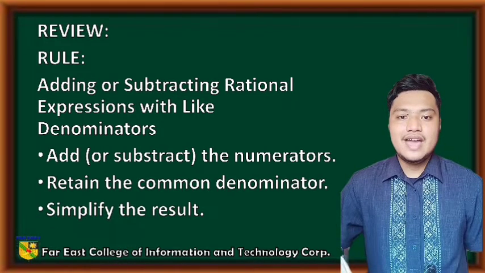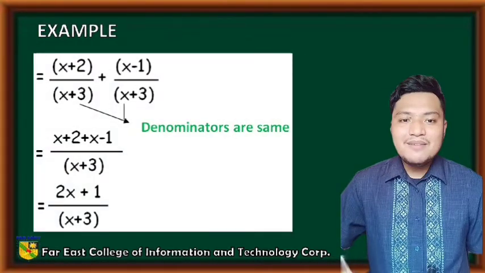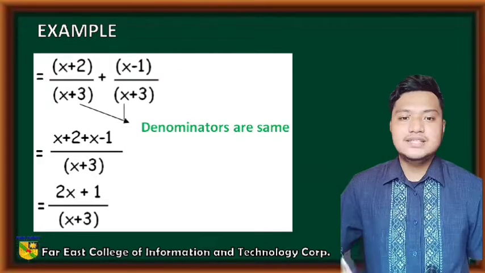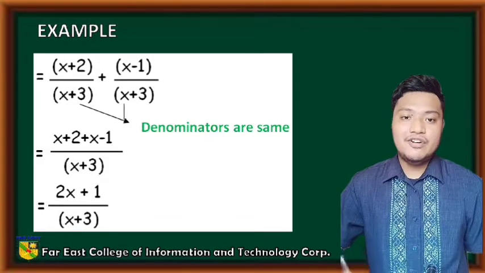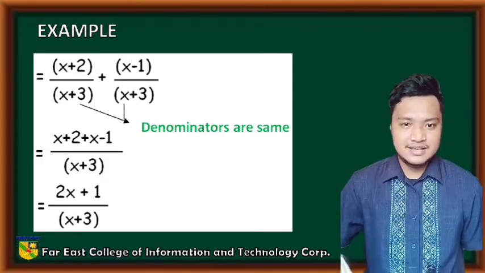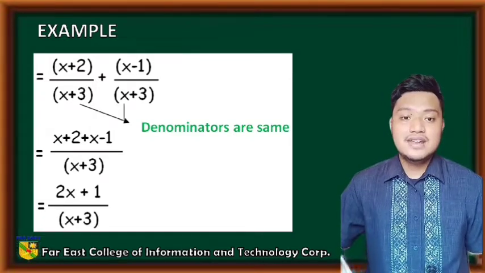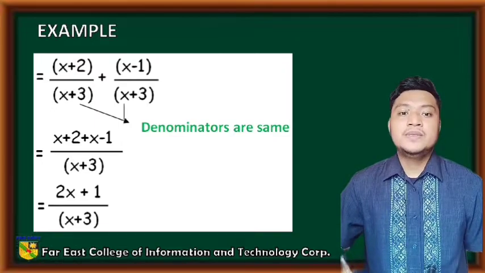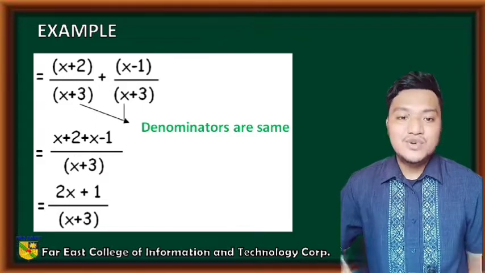So I have here an example: x plus 2 over x plus 3 plus x minus 1 over x plus 3. Isn't it that they have the same denominator? So follow the rule. The first step is to add the numerators.